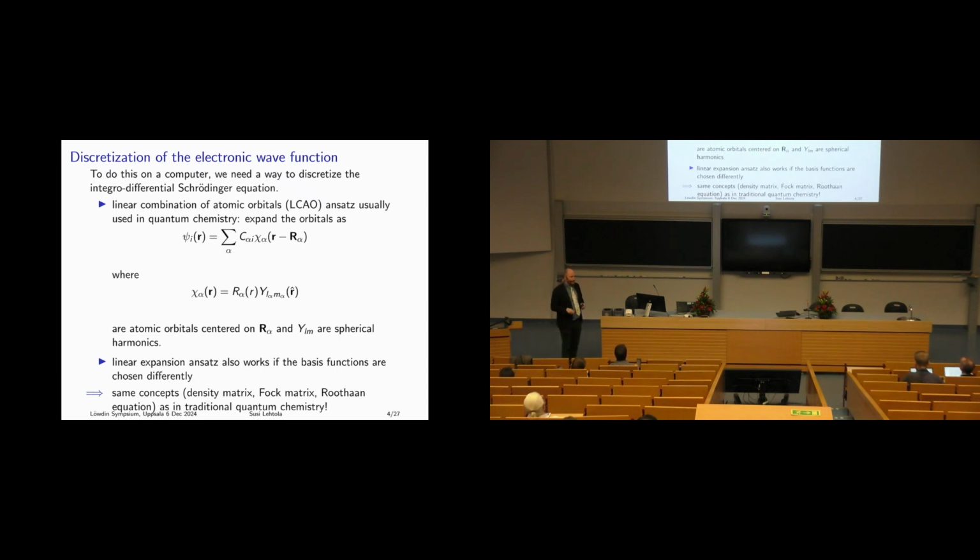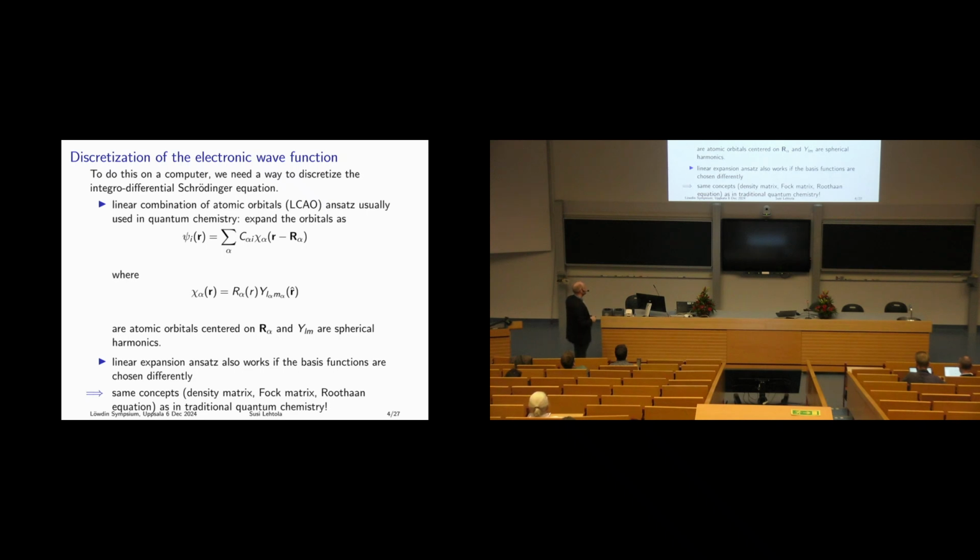This is why people use these Gaussian functions, even though they are nothing like solutions to the atomic Schrödinger equation. But still, it turns out that once you put in enough of them, then you have enough variational flexibility that you can get something that really looks like chemistry.